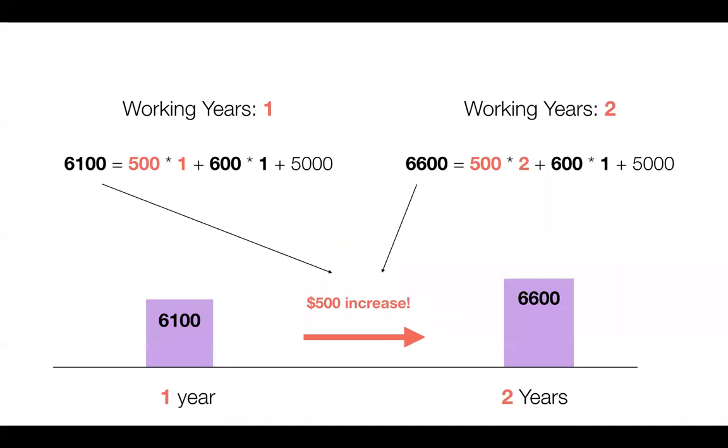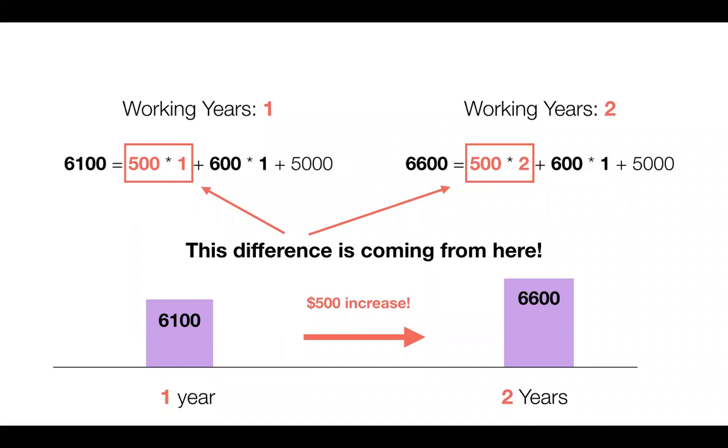So when you compare these 2 numbers, one with working years 1, the other with working years 2, but the other variable, the job level, stays the same, we get 6,100 and 6,600. So basically a $500 increase.